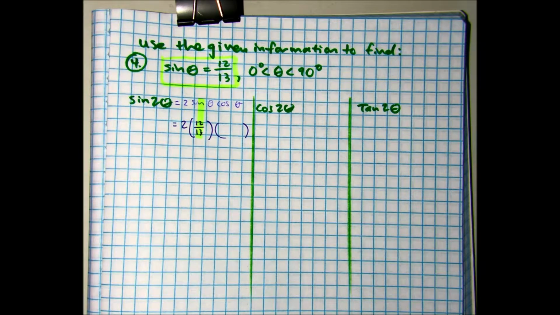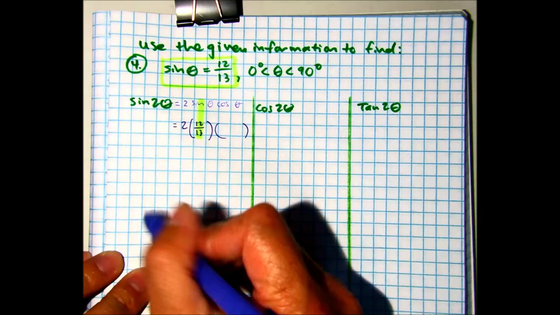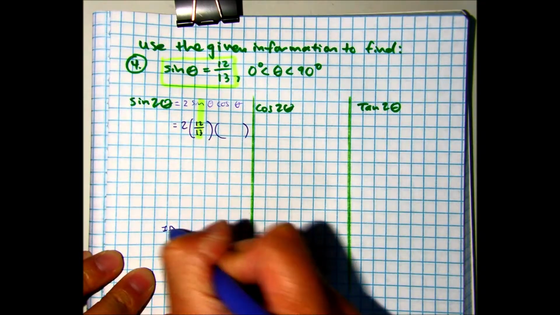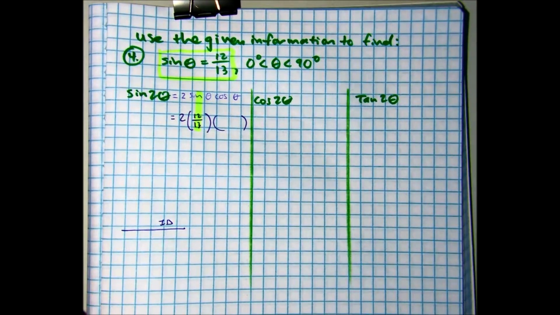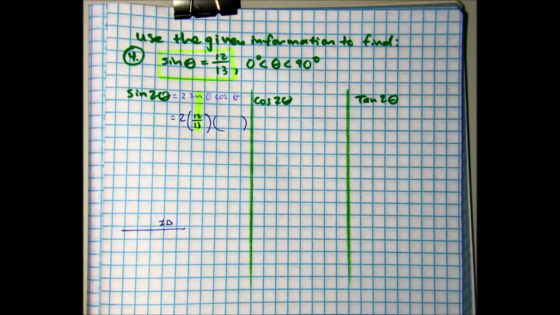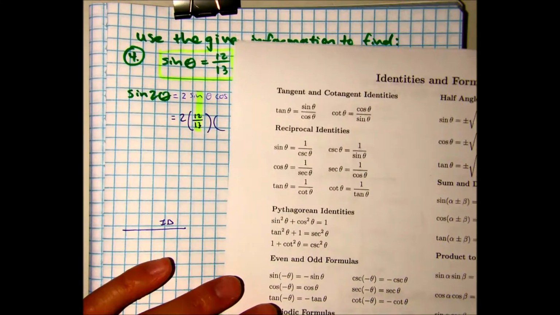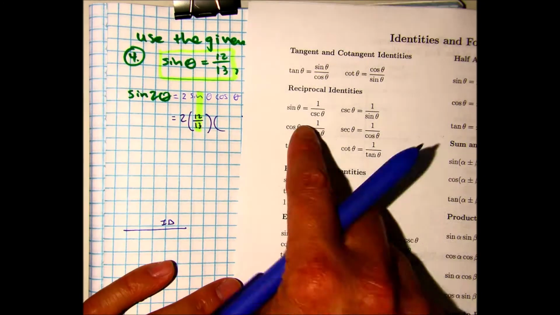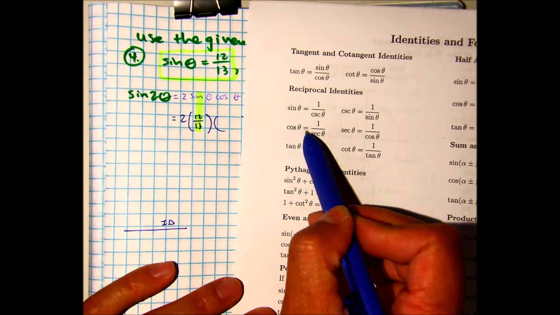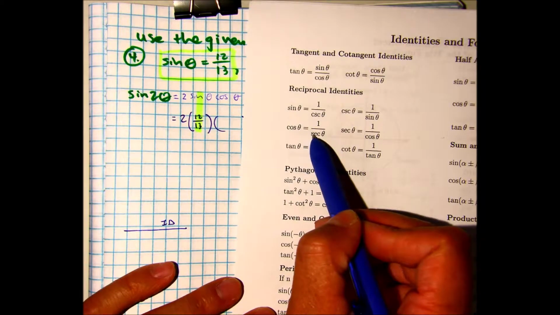Eduardo? Do you have an identity that can connect them? Okay. What reciprocal identity are you thinking of? So if I get cosine, I need 1 over secant, but we don't have secant.